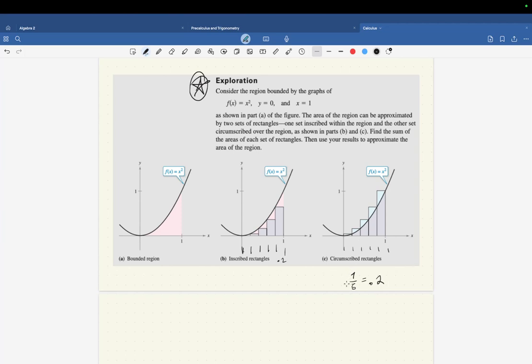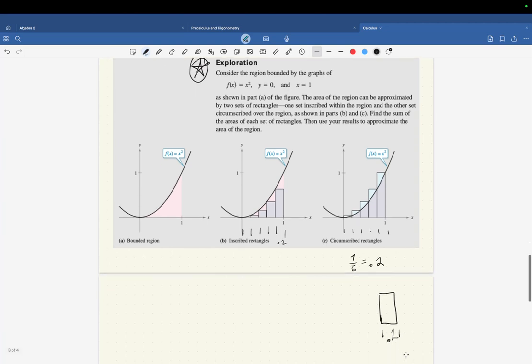So our rectangles are going to have widths of 0.2 units. The heights are going to be something different. So let's pause and let's consider that now. And that distance across is 0.2.